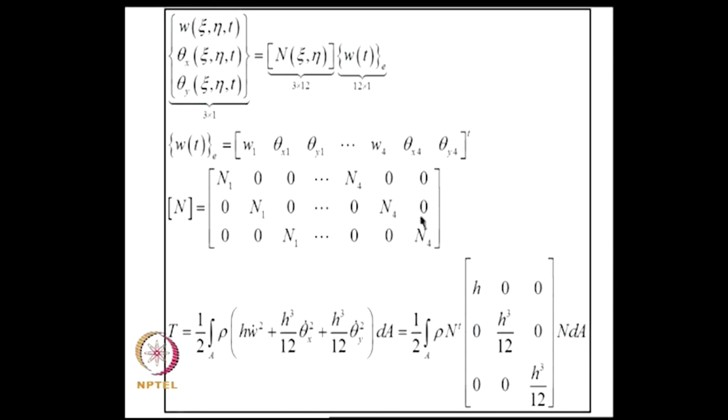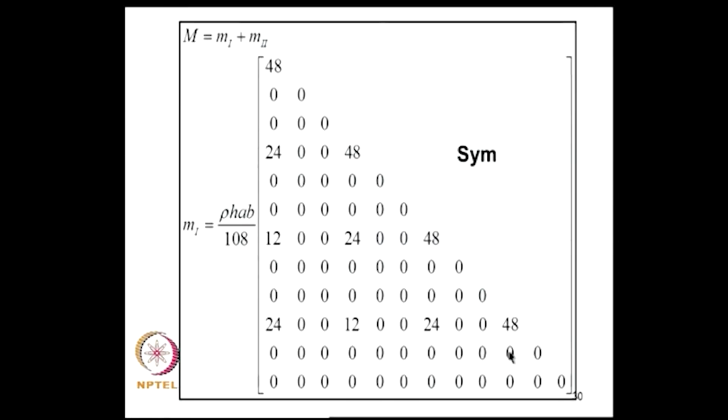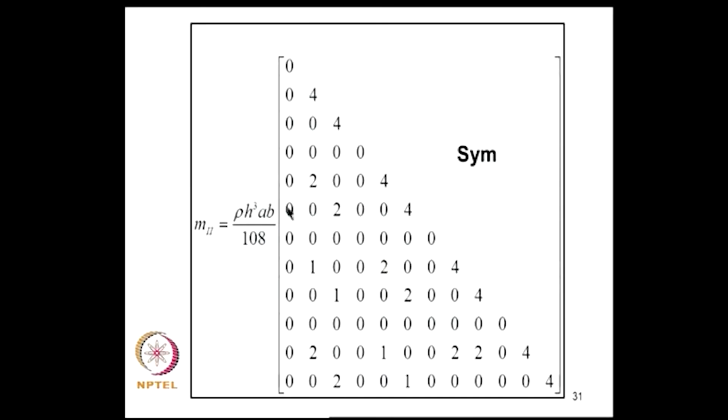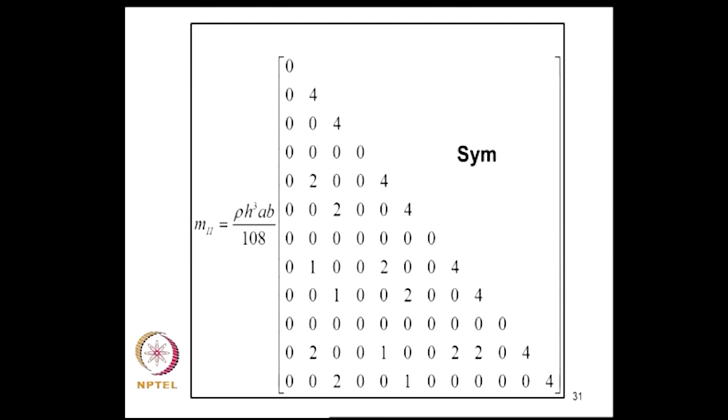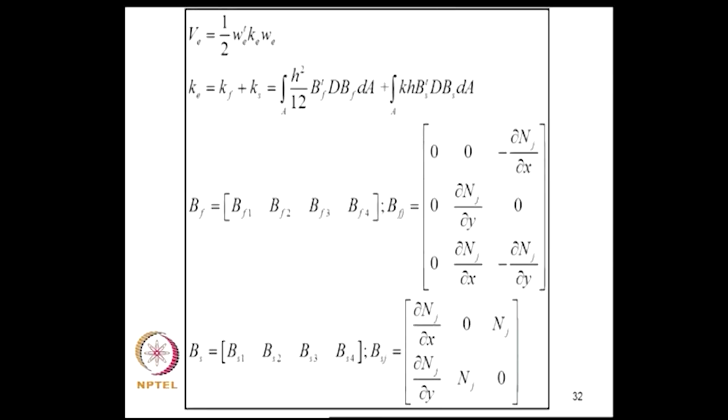So, the expression for kinetic energy can now be evaluated as shown here. This mass matrix we can evaluate in terms of 2 different components, and this can be evaluated exactly. So, we evaluate the two components of this matrix exactly, and that is what we do, and we get the mass matrix.